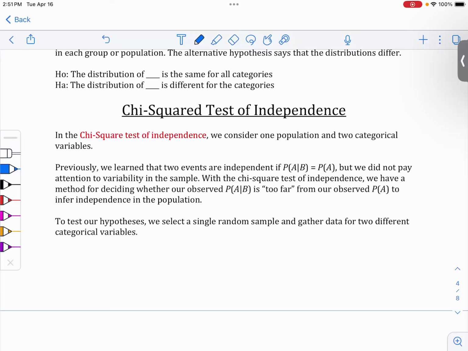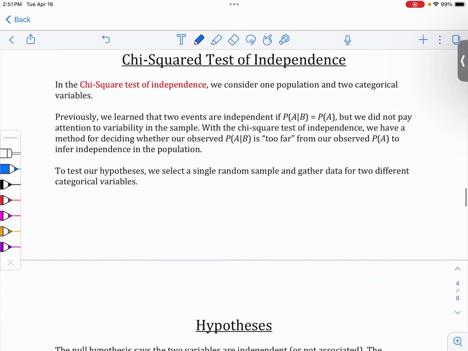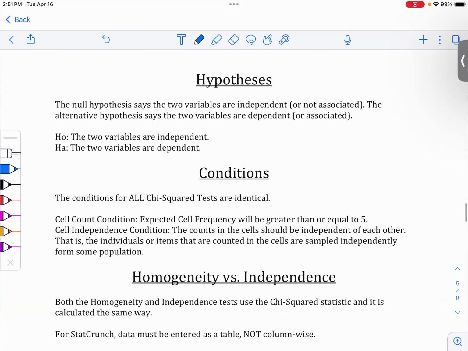Is there a relationship? Are they independent? Are they dependent? And so it is only the wording of the question that will separate these 2 chi-square tests. Our hypotheses are exactly what we would expect as well: the 2 variables are independent or the 2 variables are dependent.